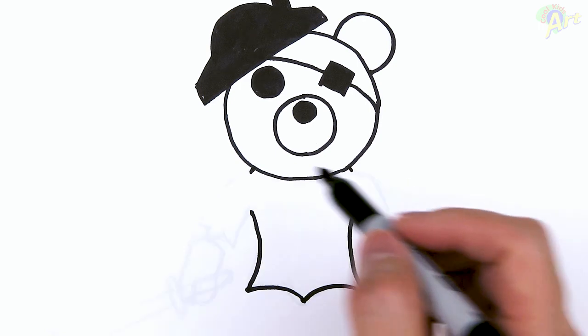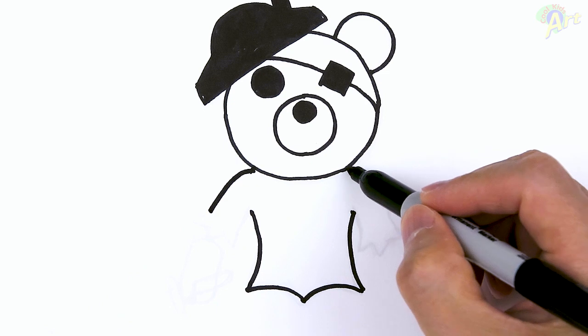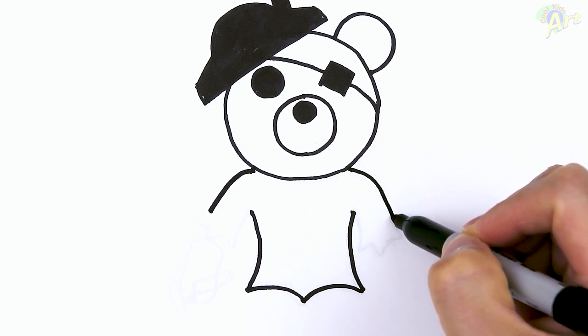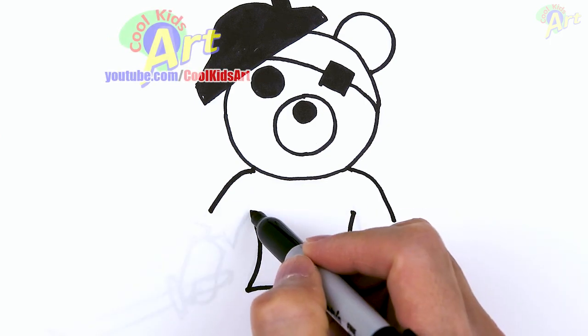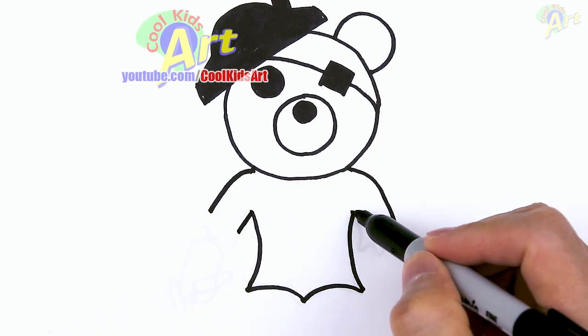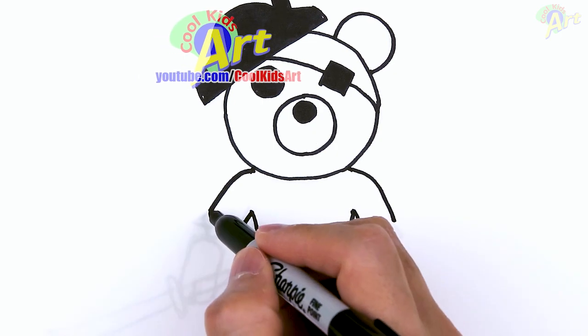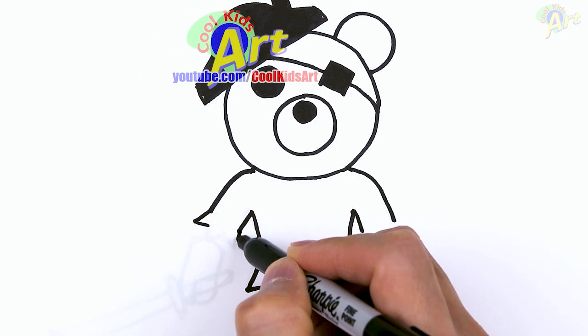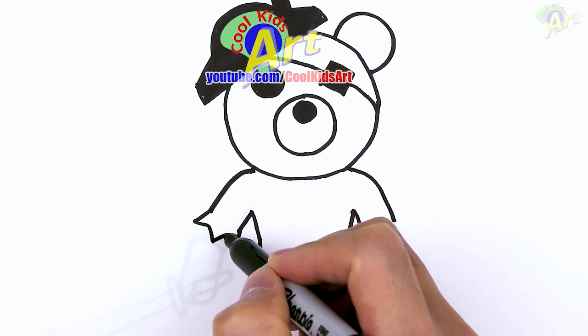Okay, and then now for the arm. So right here's the shoulder. Round it out and just come down. And then here's the armpit. And then now on the ends right here, just go out on an angle. And then in the middle, another angle.